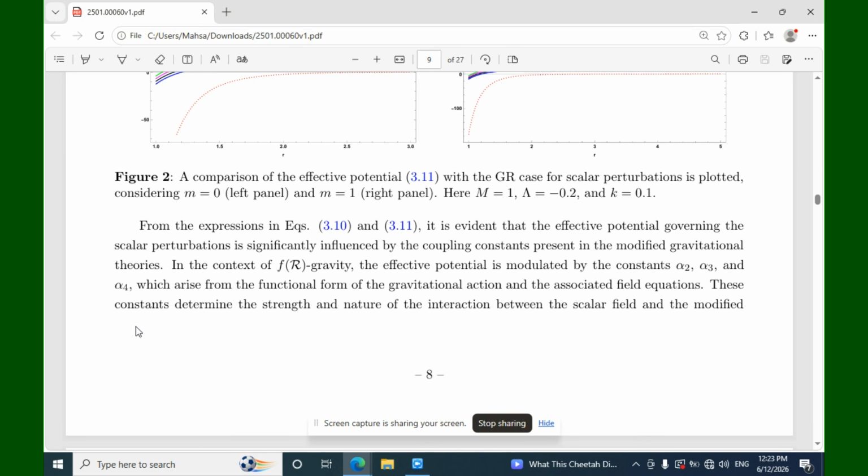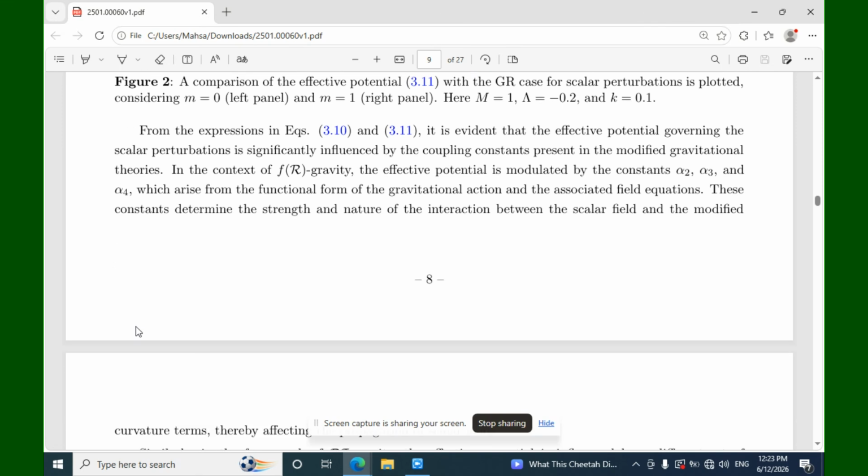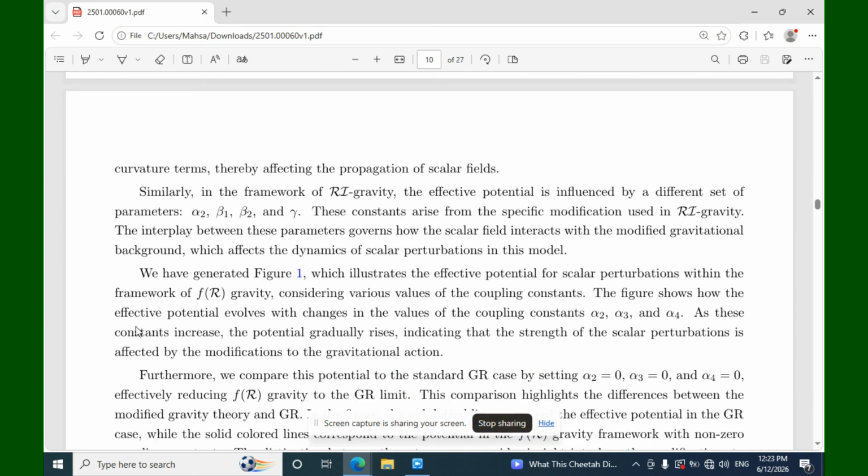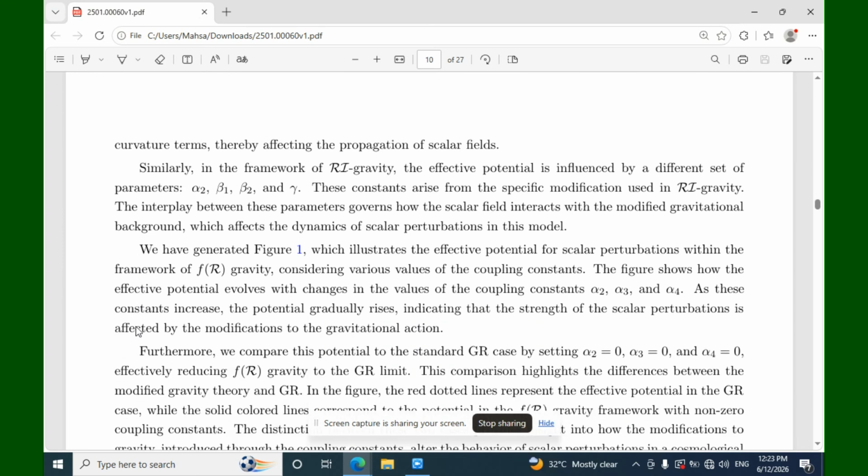In the context of FAR gravity, the effective potential is modulated by the constants alpha 2, alpha 3, and alpha 4, which arise from the gravitational action and the associated field equations. These constants determine the strength and nature of the interaction between the scalar field and the modified curvature terms, thereby affecting the propagation of scalar fields.